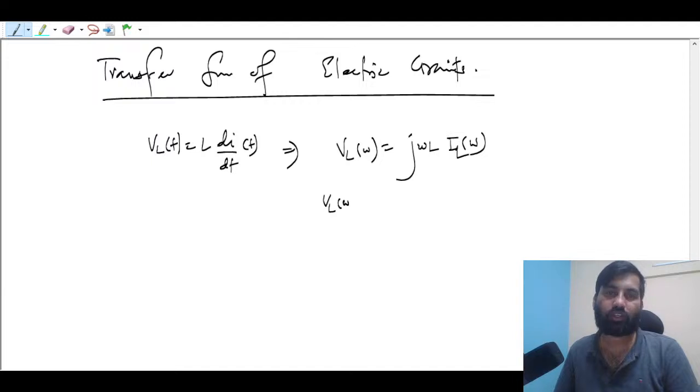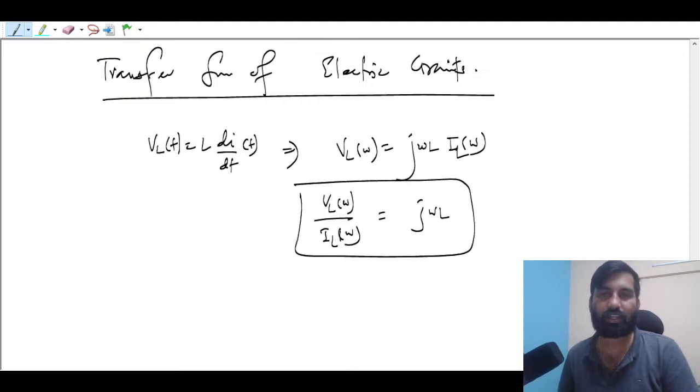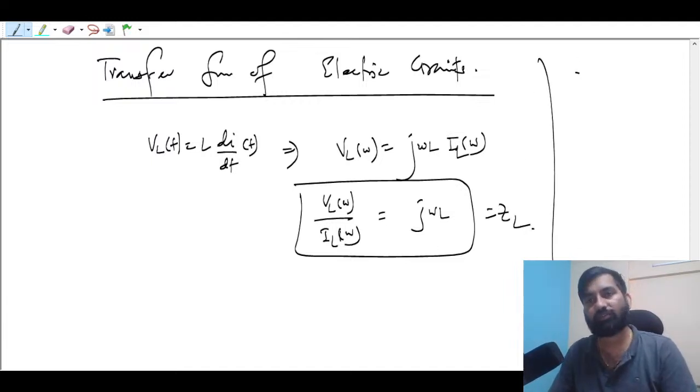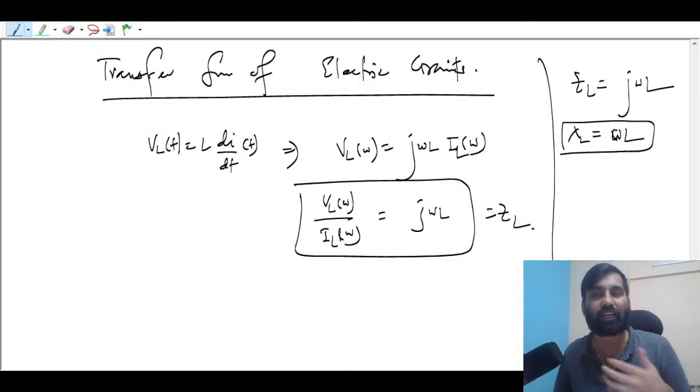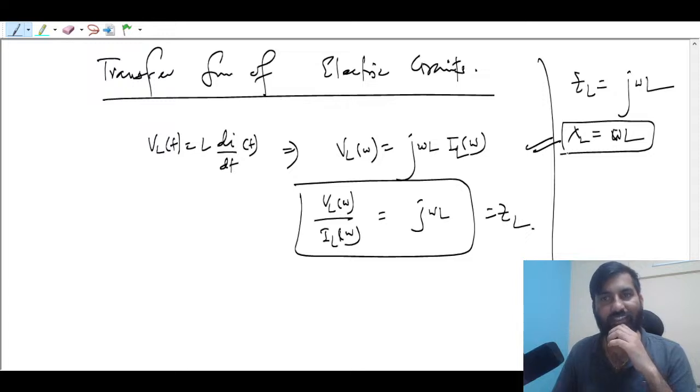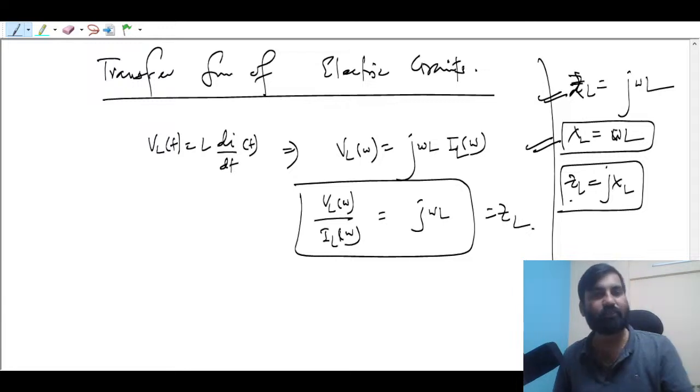So V_L of omega by I_L of omega equals j omega L, and this is nothing but the impedance, which we call Z_L. Z_L is the inductive impedance, j omega L, where X_L is omega L. X_L को हम inductive reactance बोलते हैं, और इसको impedance बोलेंगे, Z_L. ठीक है. So you can also write Z_L as jX_L. In phasors we use these concepts.